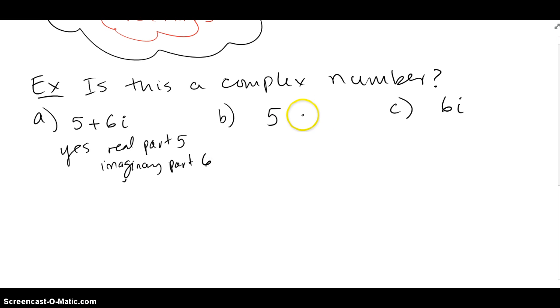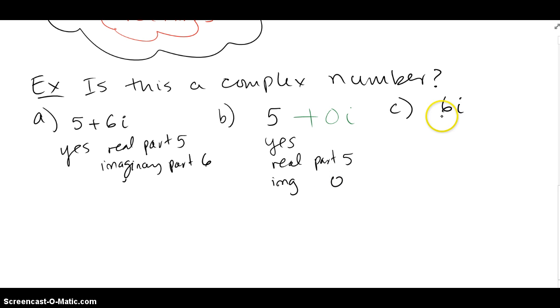Well, that's a real number, but if we imagine a + 0i next to it, then sure, that can also be a complex number. We can just say yes, all real numbers are complex numbers. The real part here is 5 and the imaginary part is 0 because of the 0i that I created.